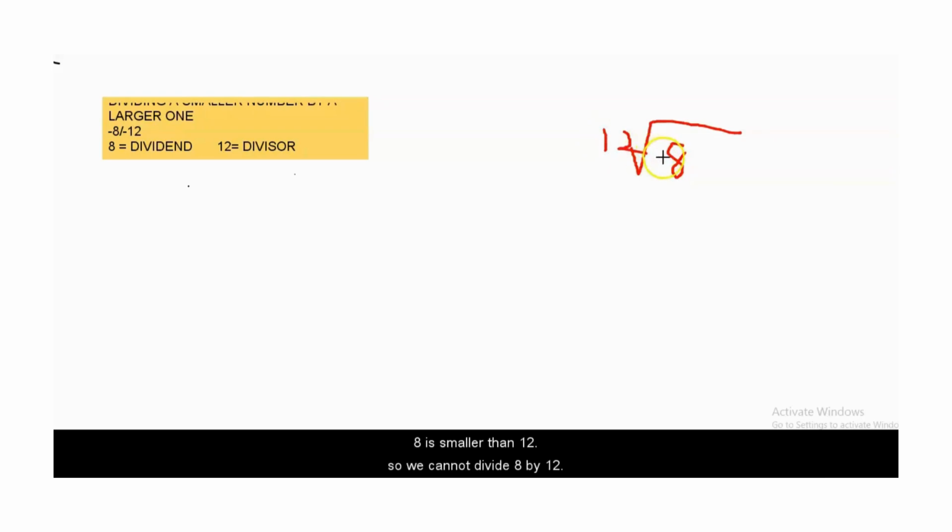Now 8 is smaller than 12, so we cannot divide 8 by 12. That means 12 cannot go into 8. And there is no number in front of 8 for us to continue the division. So what we do is, since 12 into 8 cannot go, we put a 0 here on the overbar and add a dot. 0 dot. Now the dot here is a condition for increasing the 8.